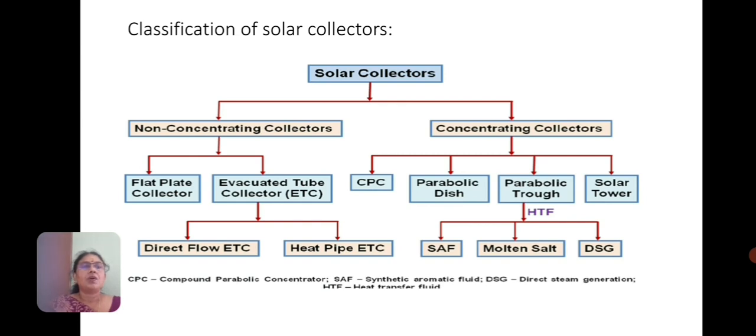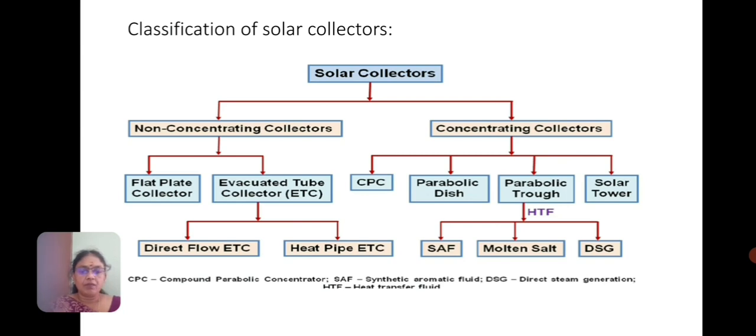Coming to the concentrating collectors, they are classified as CPC, second parabolic dish, third parabolic trough, and next solar tower. Again, the parabolic trough is classified into SAF, molten state, and DSG.